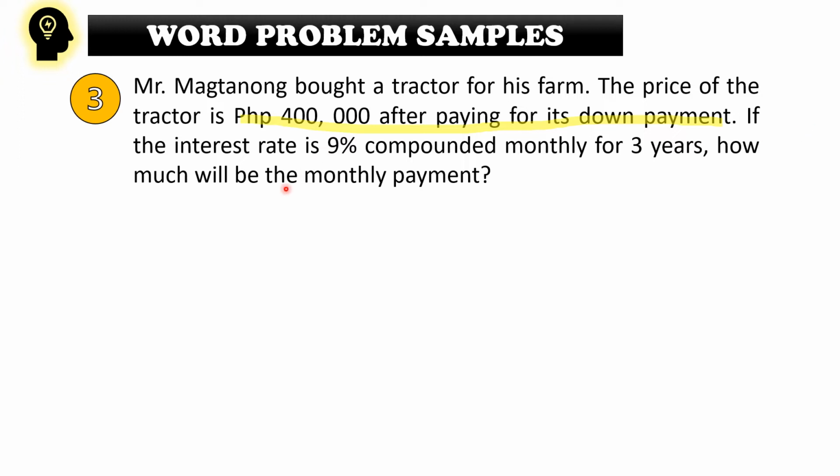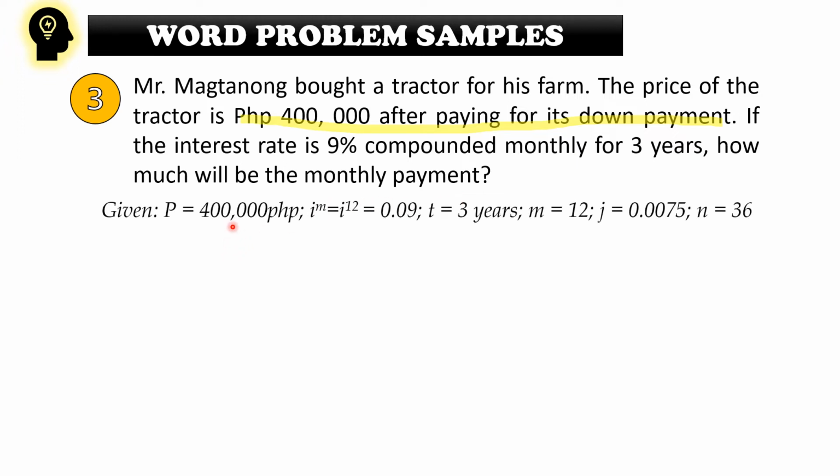So, if the interest rate is 9%, compounded monthly for 3 years, how much will be the monthly payment? Okay, ang hinahanap naman dito is the monthly payment, capital letter A or letter R, the regular payment.